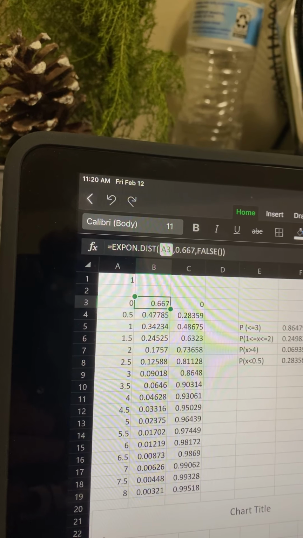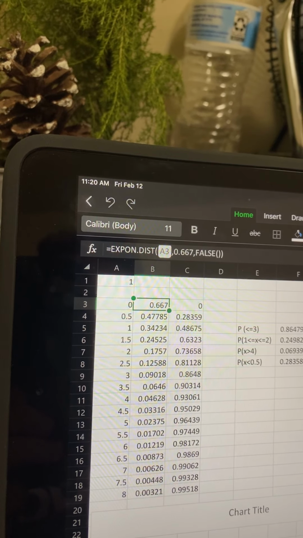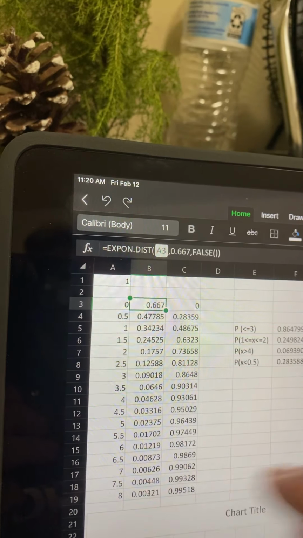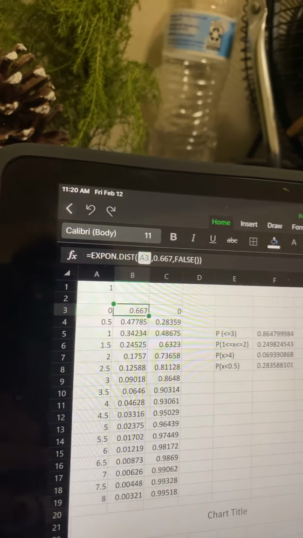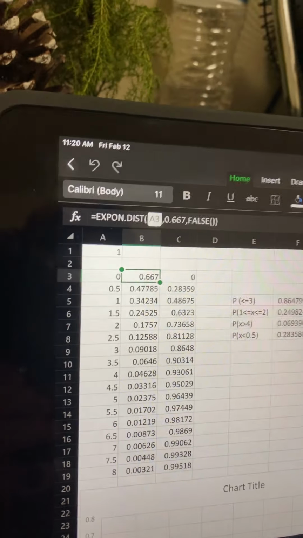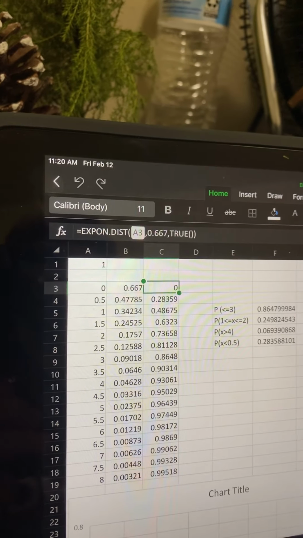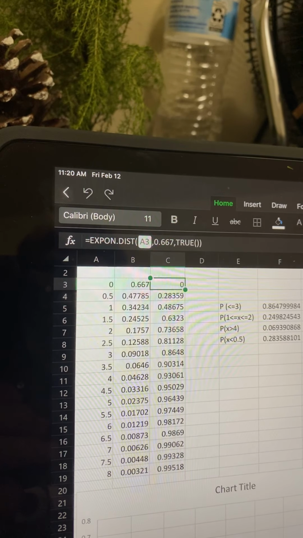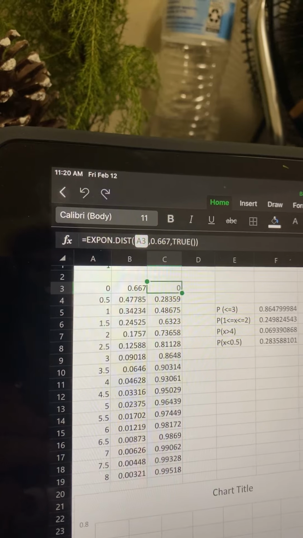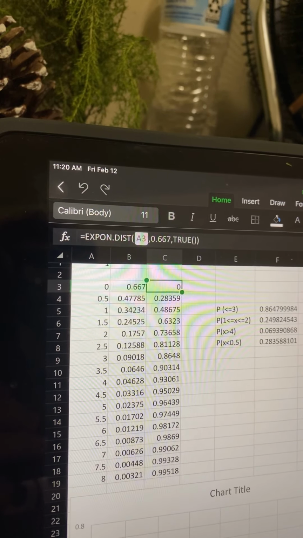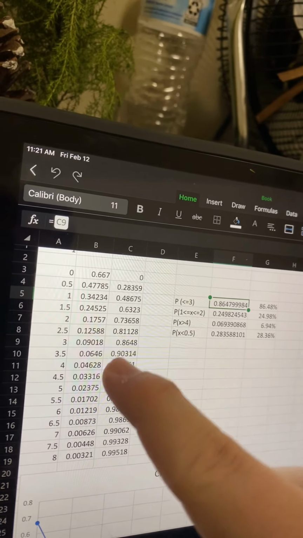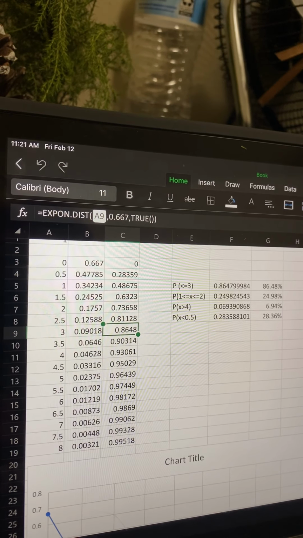0.667. Oh, no, I don't even know how I got 0.667. And then the third number was false because I didn't want cumulative on this one. The second one was the same thing, but I put true because I wanted to be able to analyze them. To get no more than 3 minutes, I did just C9, which ended up being 0.86.